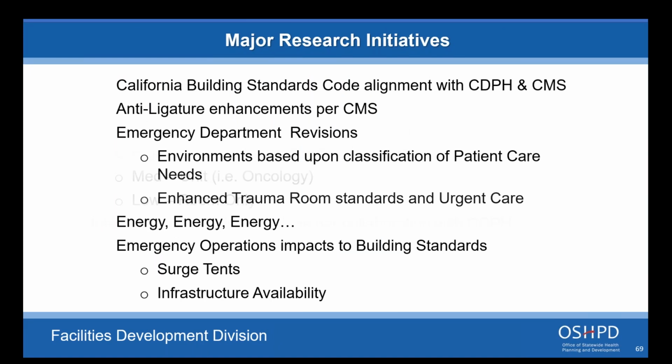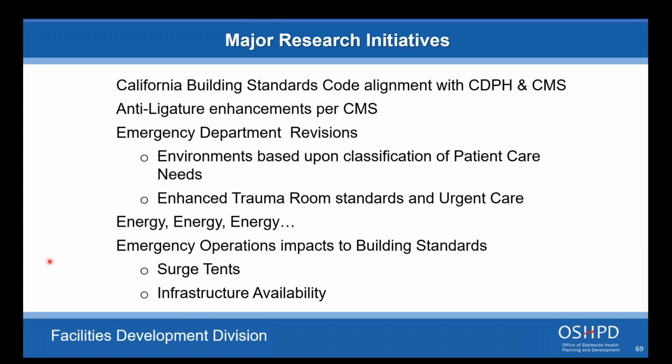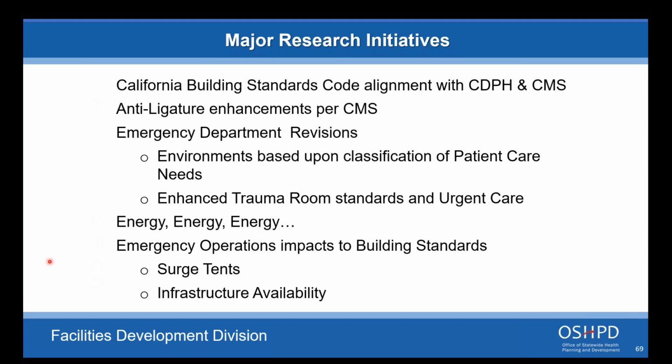And emergency operations. We're getting a lot of questions right now. What code changes are going to be coming because of this COVID-19 outbreak? We're looking at clarifying requirements for surge tents and infrastructure availability.